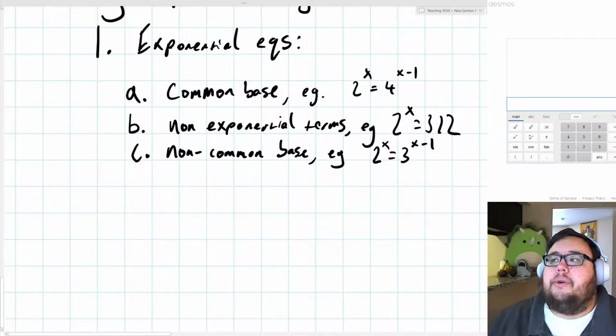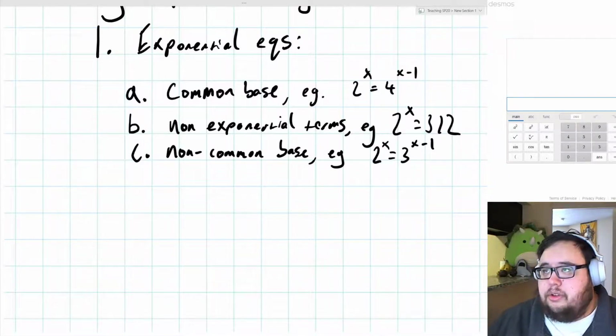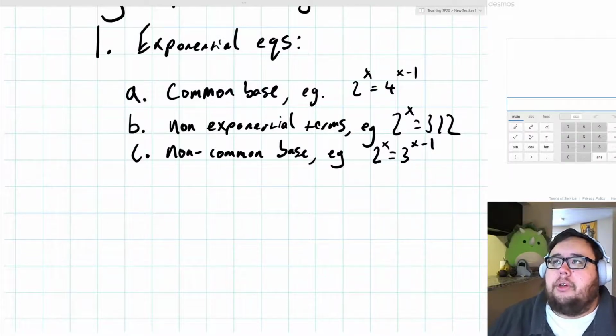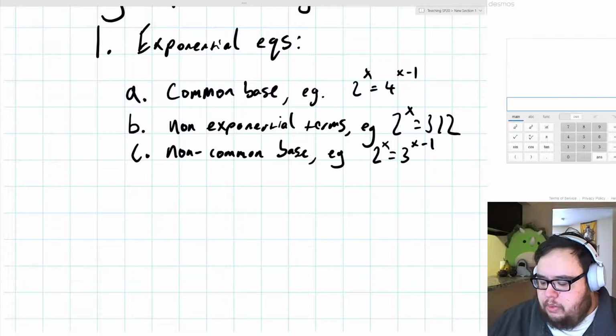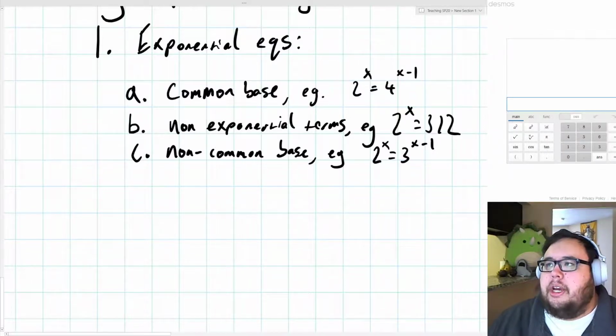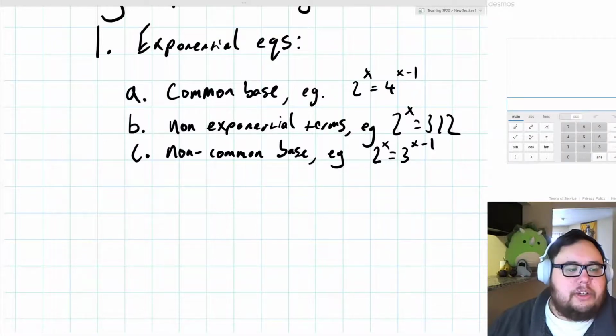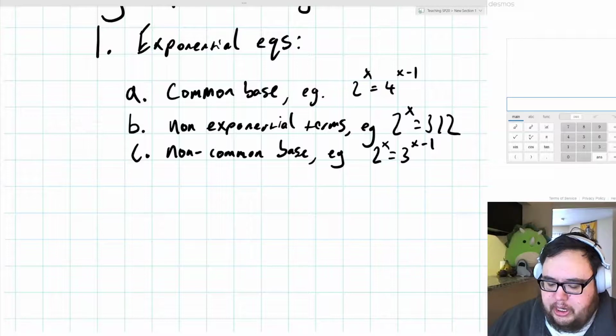In that situation, you can't really write 3 as an exponent with base 2. So you'll have to apply logarithms to both sides. You can either apply a logarithm with base one of these to both sides, or you can apply a natural log. Either way, with these types of problems, there's a fair amount of arithmetic that you have to get through in order to solve, so they can be kind of messy.